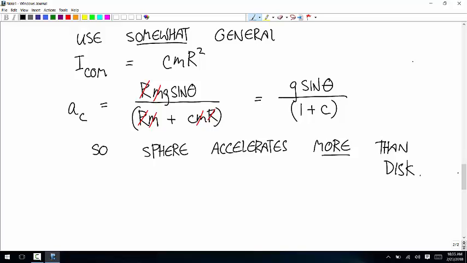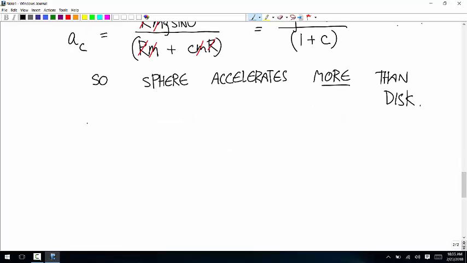Okay, what about a hollow disc, like, what am I thinking of? A ring, or a cylindrical hollow tube.